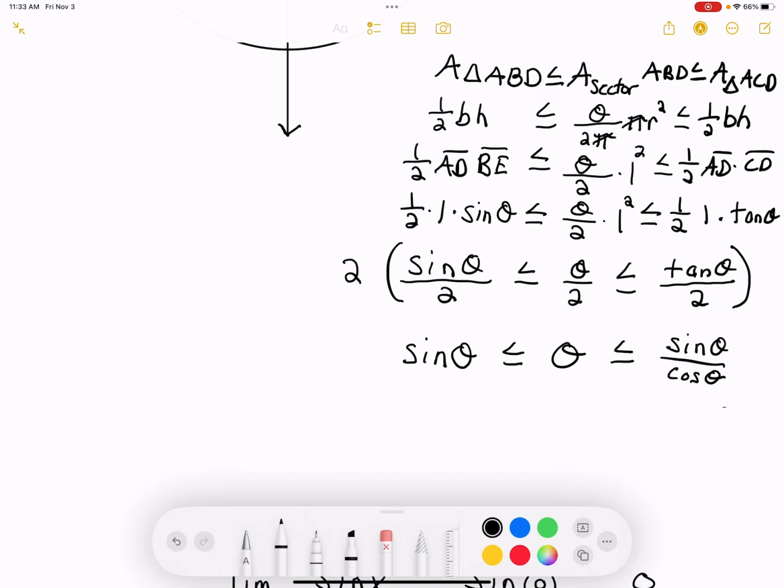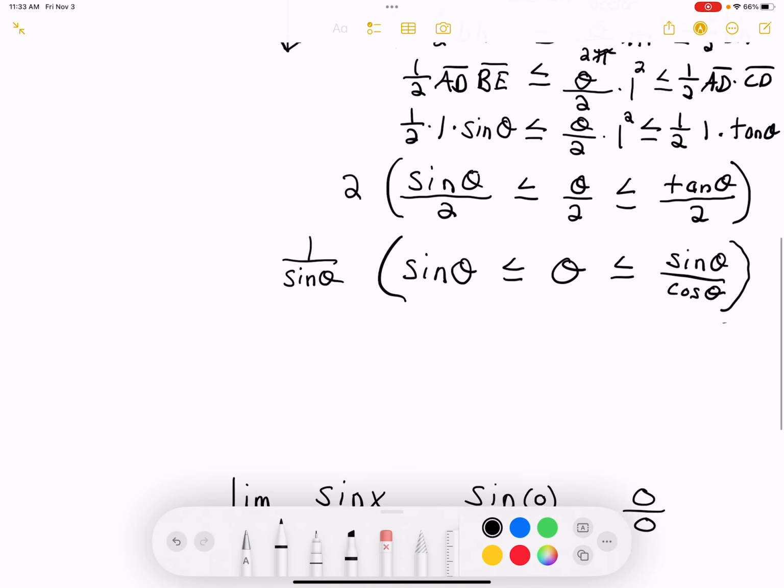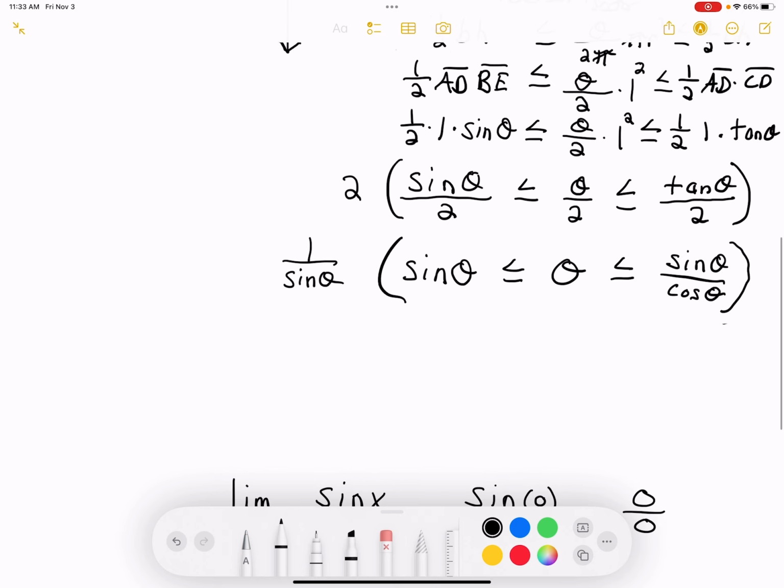And we're going to do some more manipulation here. I'm going to multiply every term in this inequality by 1 over sine theta. So I multiply here, I get sine theta over sine theta. Then here I get theta over sine theta.